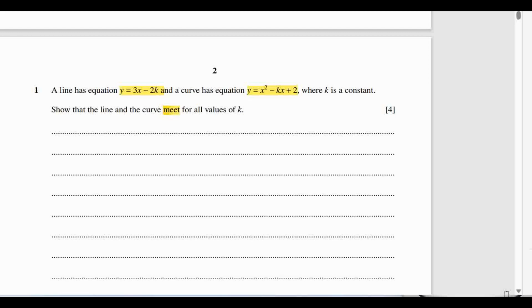This statement means that, you can see that this is a quadratic equation and this one is a linear equation.